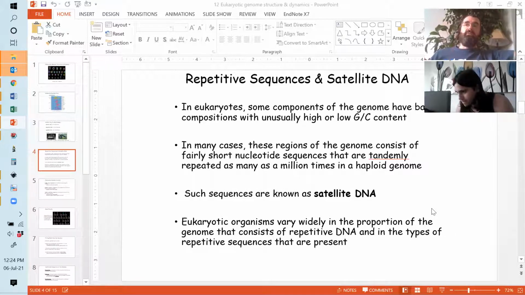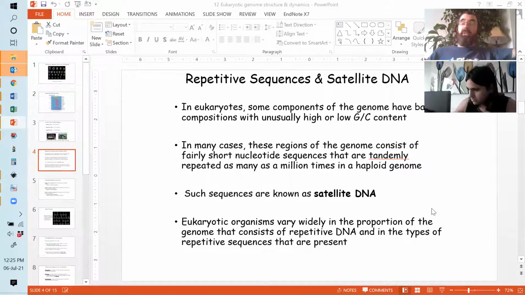And so one thing that you will actually see that I think is pretty cool is that organisms that are under pressure to reproduce quickly and in adverse environments, like parasites for example, they actually tend to have fairly small genomes, right? Because obviously the larger your genome, the longer it takes for you to copy your DNA and the longer it takes for you to be able to reproduce. So that's kind of another way of thinking about it too, which is kind of neat. Put it into context.